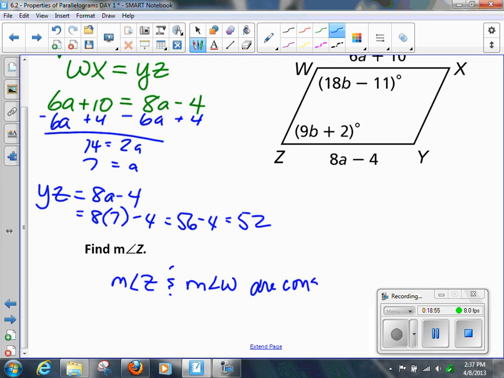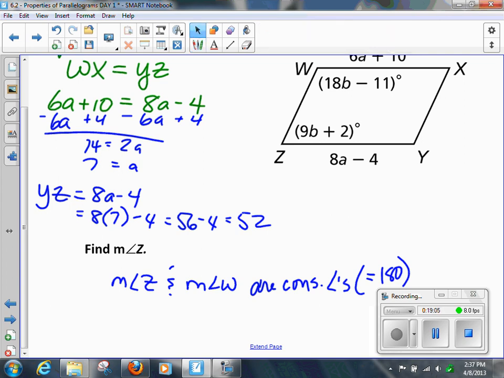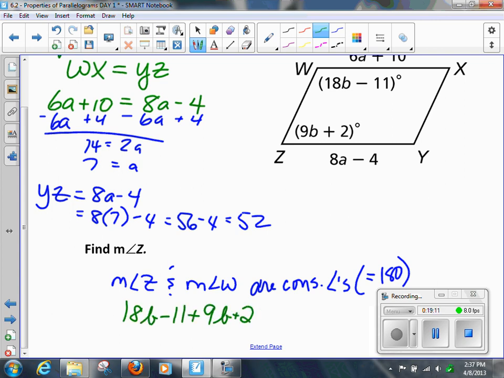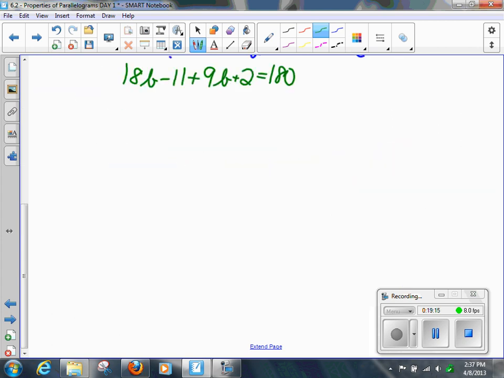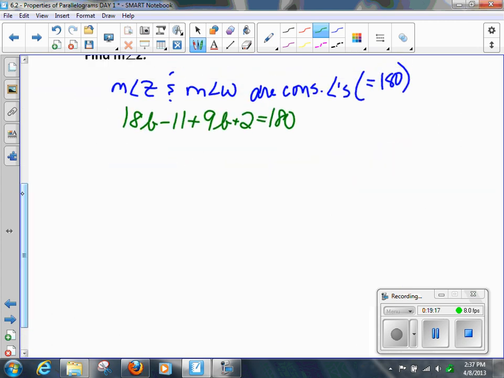And what do you know about consecutive angles, folks? They equal 180. So, how am I even going to begin to solve that? That's right. Consecutive angles are equal to 180.